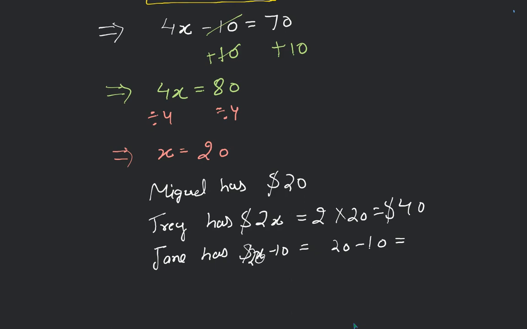That's right. In total, if we add them all, we get 20 plus 40 as 60, and 60 plus 10 as 70. It means they have altogether $70, and we have solved it correctly for each one of them.